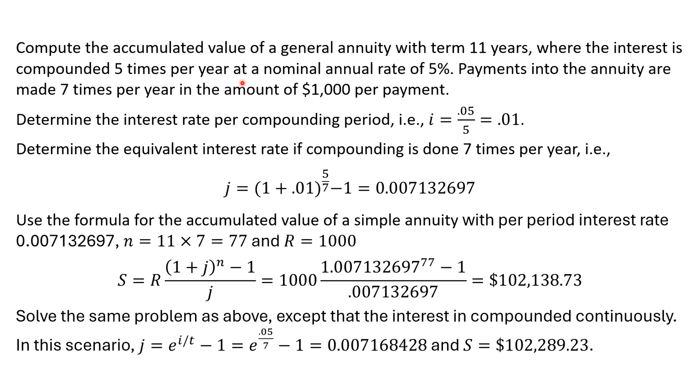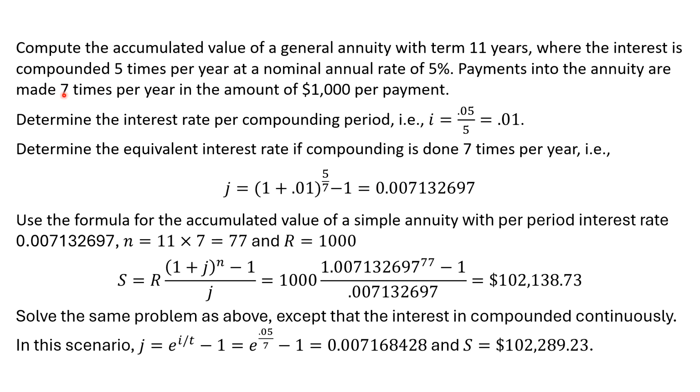So we want to convert this rate here from 5 times a year to whatever would be equivalent to 7 times per year. So first we just note that I is 0.05 divided by 5, or 0.01. Then we use our formula from the last slide to compute J. So this is the equivalent interest rate if we compound it 7 times a year.